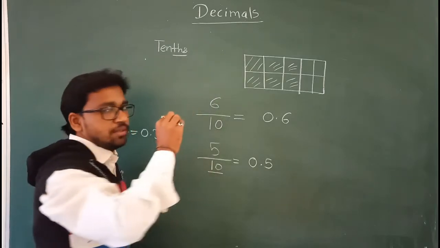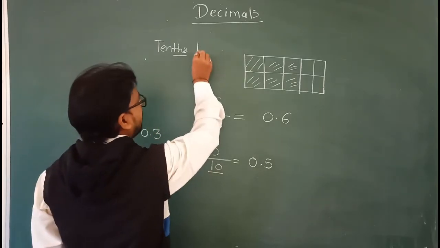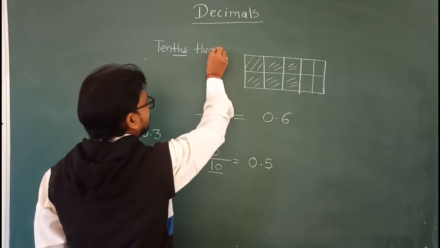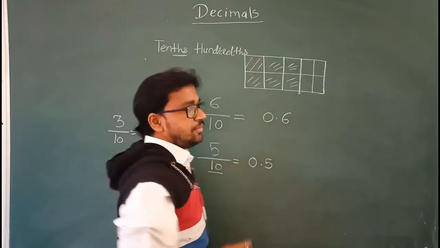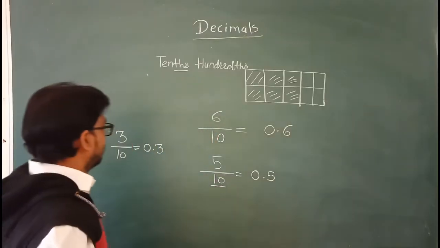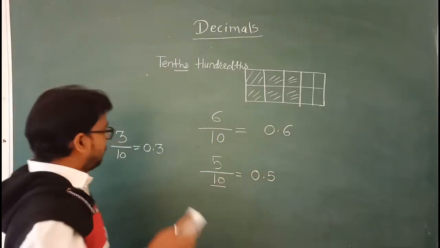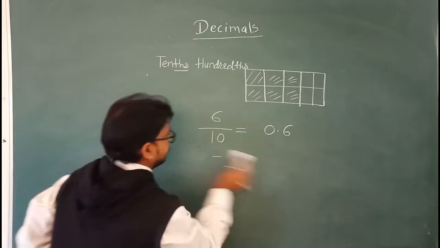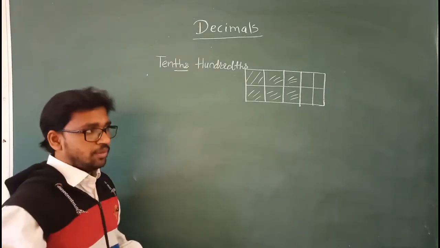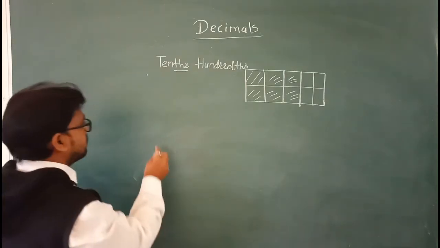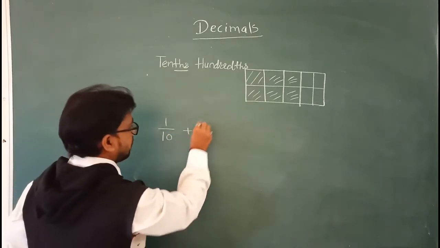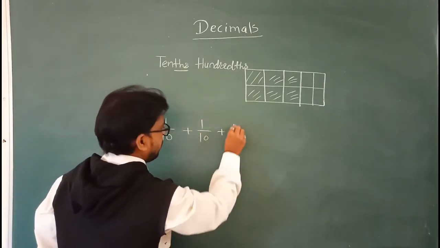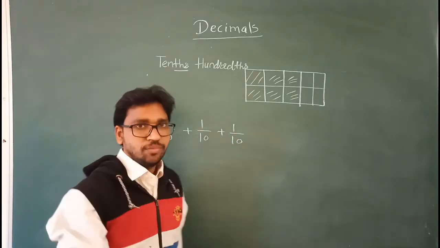Then next is the hundredths part. Tenths means what? Tenths means 1 by 10 plus 1 by 10 plus 1 by 10.